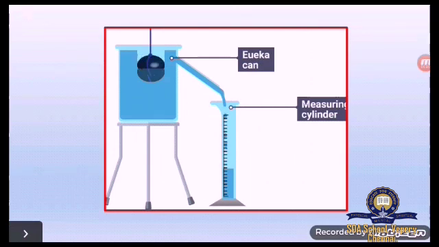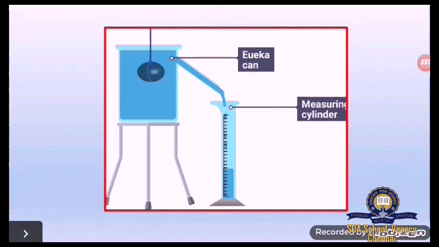So when we immerse the object into the water, the object displaces an equal volume of water which can flow through the spout. The liquid can be collected in the measuring cylinder. So the measuring cylinder reading should be noted. The volume of liquid displaced is equal to the volume of the object, right? So this is how we can find the volume of an object using the Eureka can.